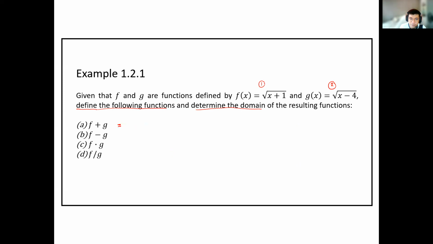You just have to add the first and the second equation, because the first equation is the f function and the second equation is the g function. So by adding, we have the square root of x plus 1 plus the square root of x minus 4.